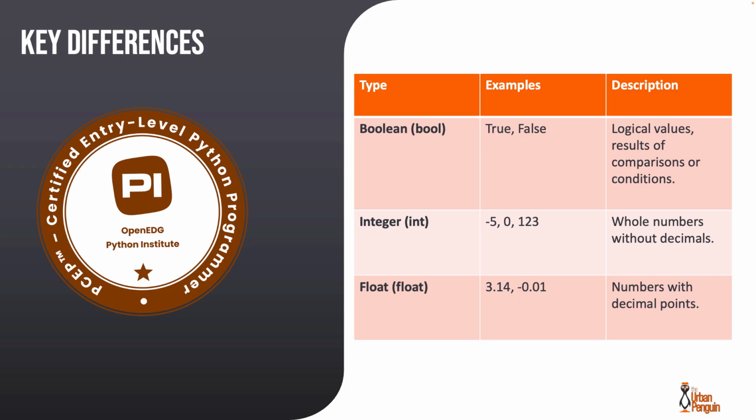Great for logical values and comparisons of conditions. Integer, so it can be negative numbers, it could be 0, it could be 1, 2, 3, but we're talking about whole numbers without any decimal places. And then when we're looking at our floating point decimals, then we could have something like the value of pi, 3.14, or even negative values like negative 0.01, so numbers with decimal places.